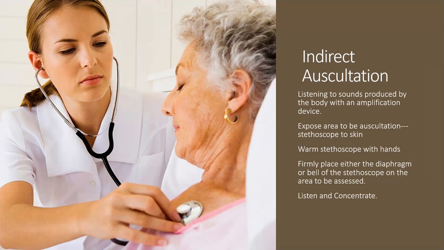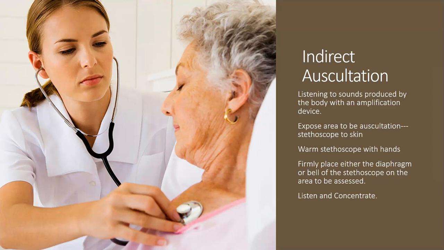And then we are going to firmly place either the diaphragm or the bell of the stethoscope on the area to be assessed. So the diaphragm of the stethoscope is the bigger side of the stethoscope, and it's usually used for higher pitch sounds, and the bell is the smaller part of the stethoscope, used to hear lower pitch sounds.